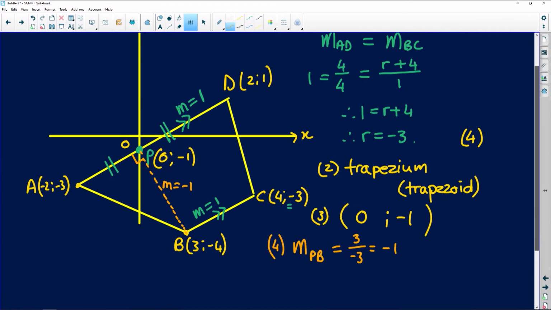Okay, let's conclude that for the final mark here. We're going to say, therefore, the gradient of PB times the gradient of AD is indeed minus 1, and with that, we can say that PB is indeed perpendicular to AD for a good 2 marks.